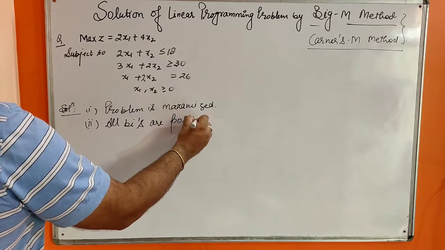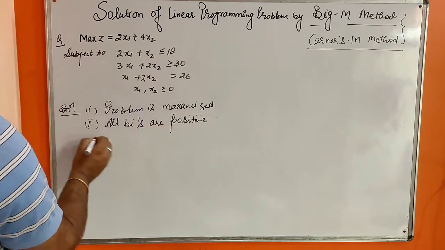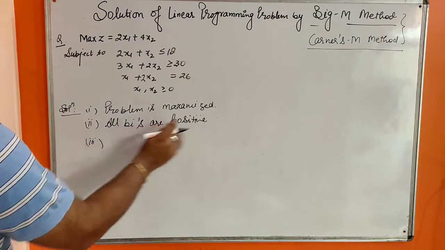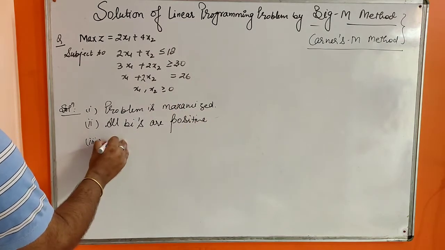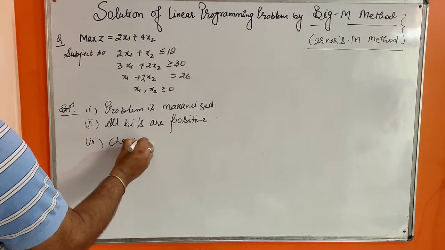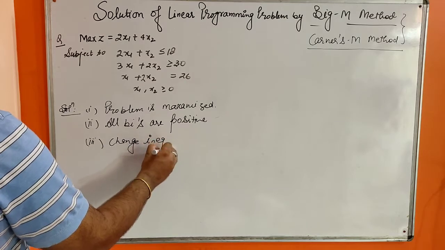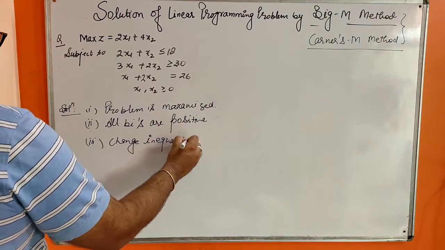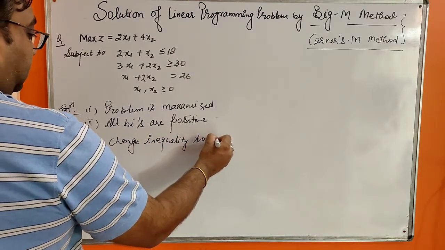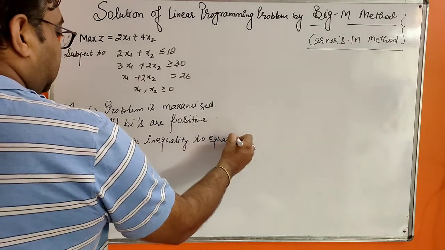Now the third step is to change the inequality to an equation. How to change?